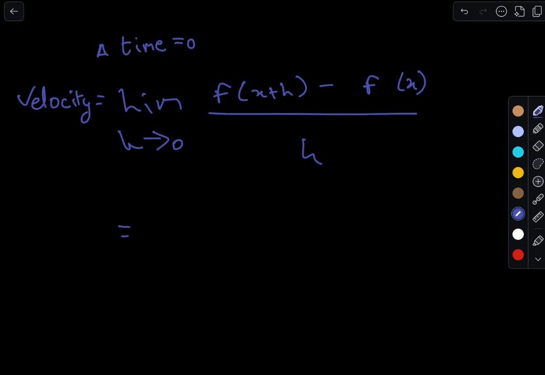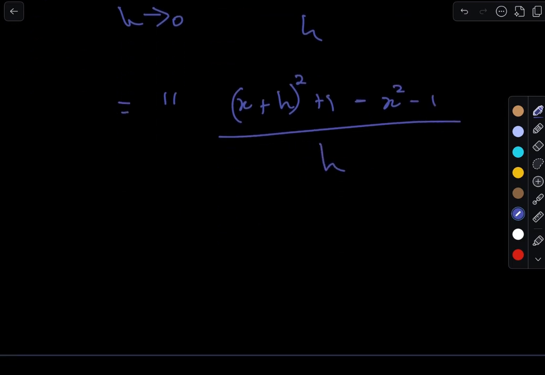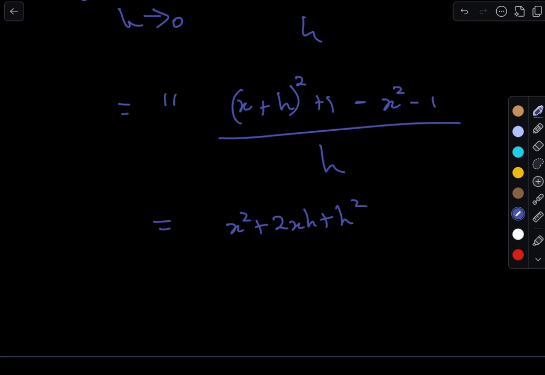So, what if we put our function in here? We would get x plus h whole square plus 1 minus x square minus 1, the whole divided by h, which would be x square plus 2xh plus h square minus x square.